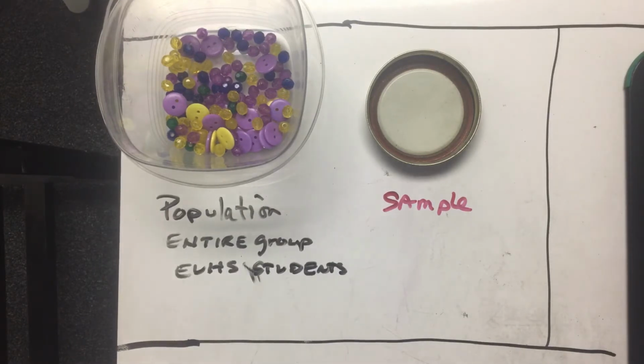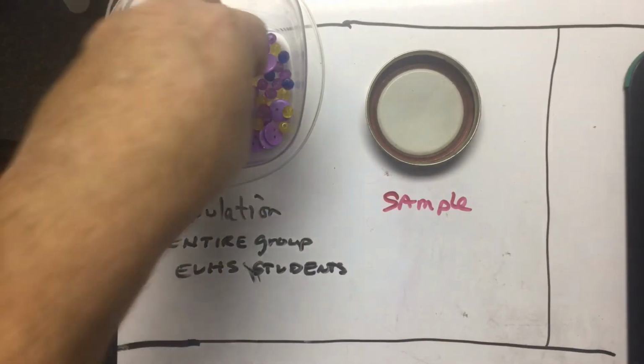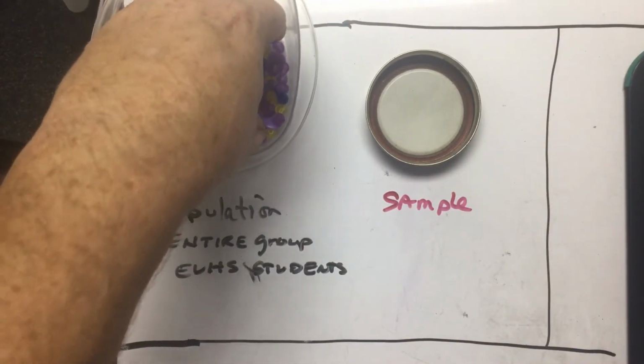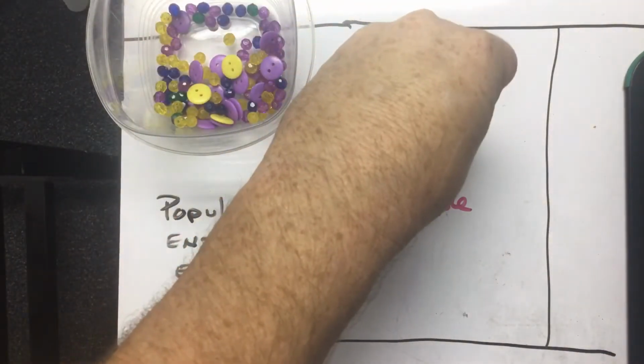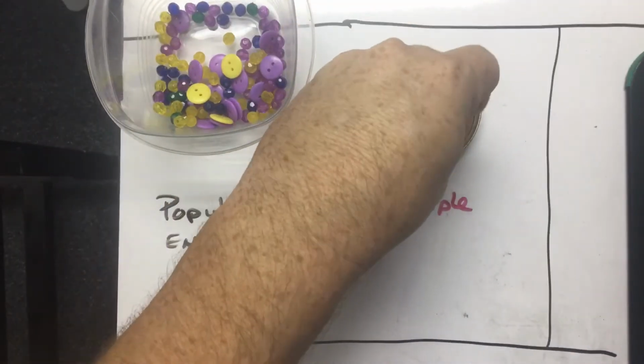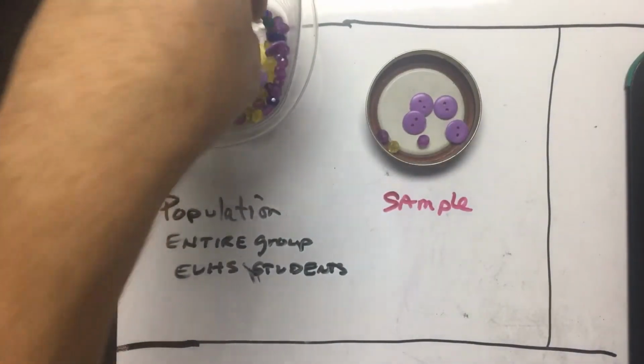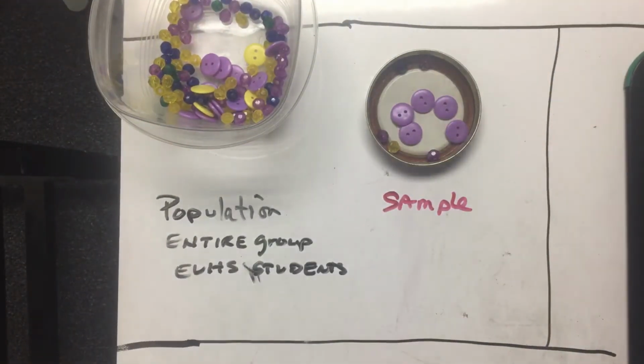And so if I wanted to take a sample, I would reach in or choose somehow, let's say 1, 2, 3, 4, 5, 6, 7, 8, 9, 10. So we could say there's 10 people there.